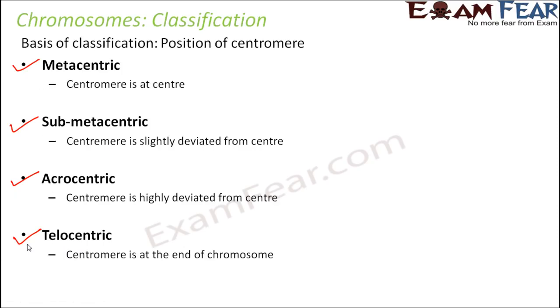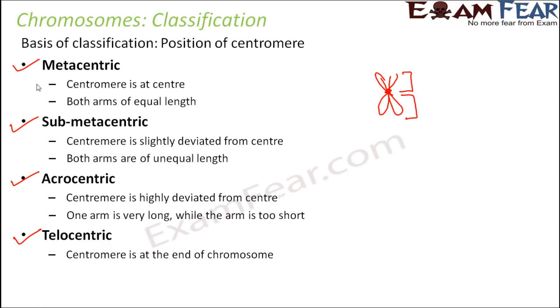Metacentric: centromere is located at the center. That means this is how the centromere is located. This length and this length are going to be the same, that is centromere. So both the arms are of equal length in case of metacentric. Submetacentric: centromere is slightly deviated from the center.